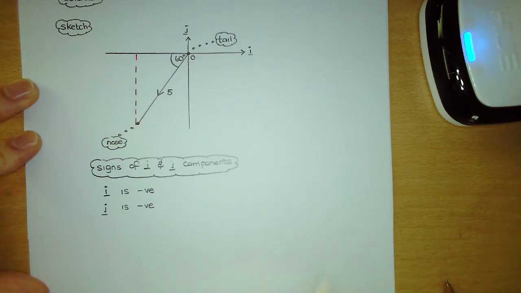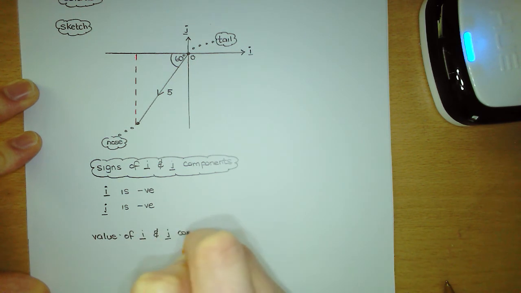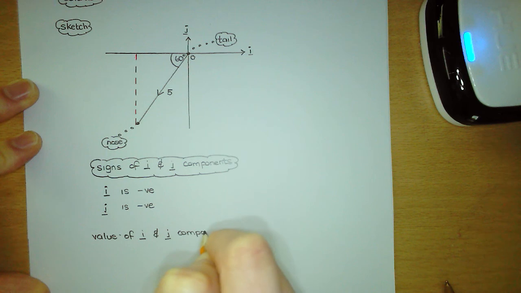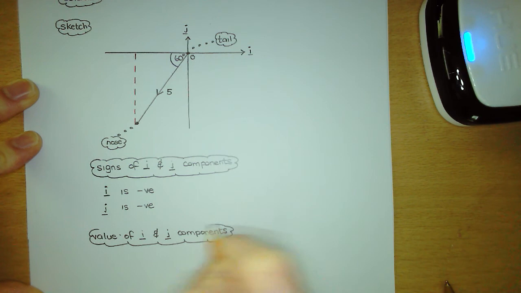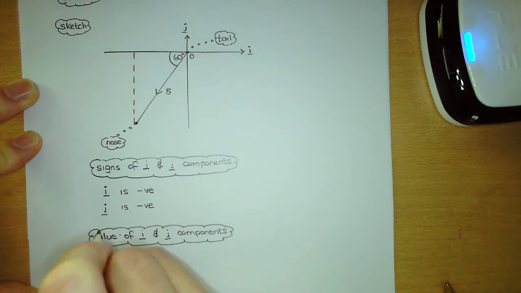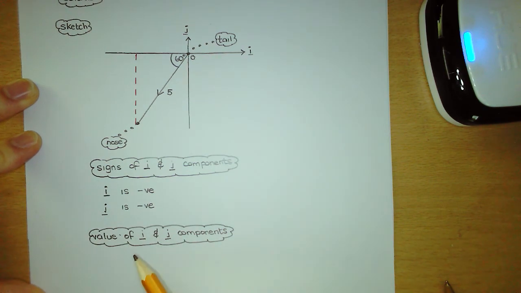We've now got to get the values of the i and j components. In order to do that, we use right-angled trig.